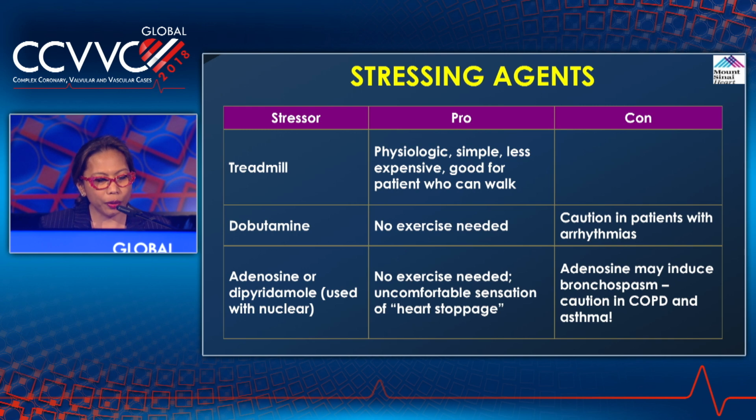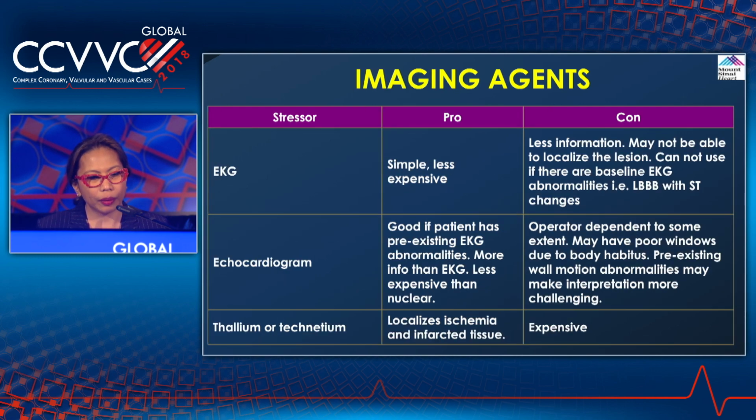Adenosine is another medication you can use with no need for exercise, but you also have to be very careful using it in patients with COPD or asthma. EKG is definitely simple and less expensive, but it's not good to use if you have a baseline abnormality like a left bundle branch block or ST changes.